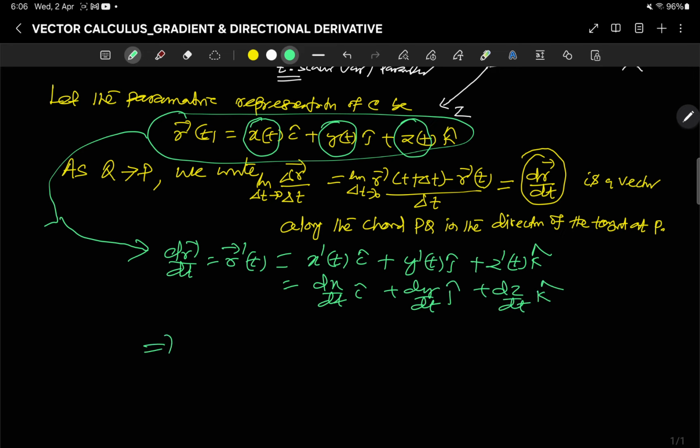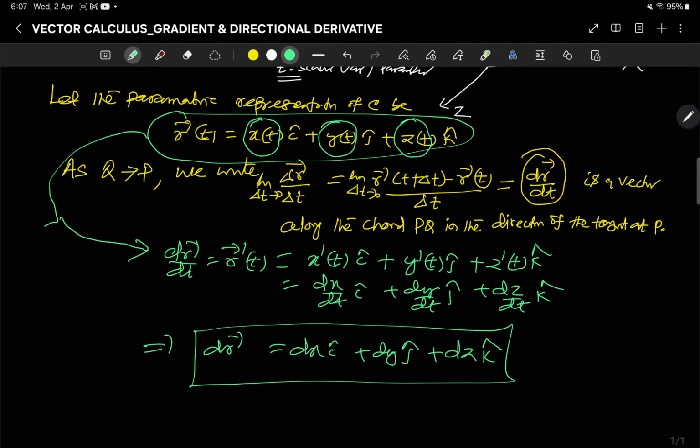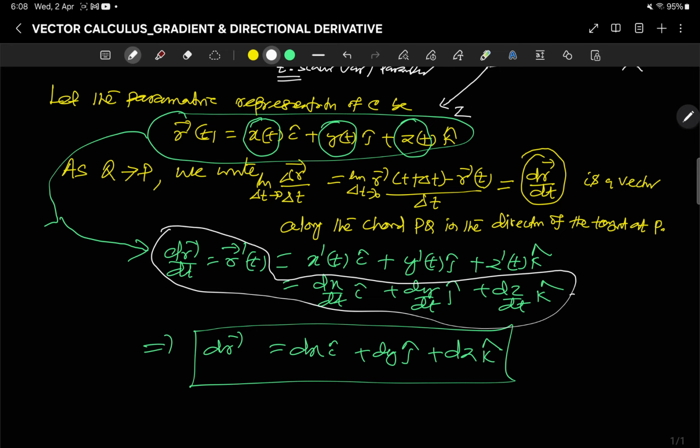That means here dr is equal to dx i plus dy j plus dz k. So as you see here, this derivative with the single parameter t is nothing but component wise derivative.